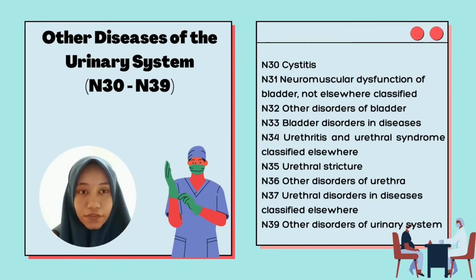For the other diseases of the urinary system, the code blocks are from N30 to N39.